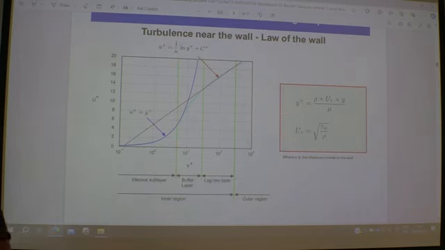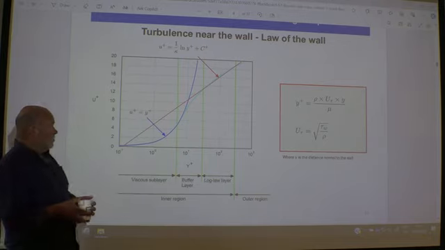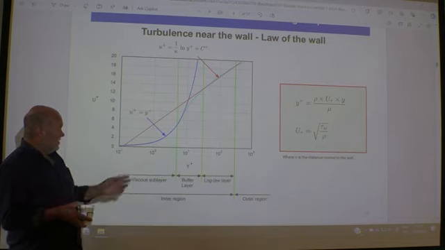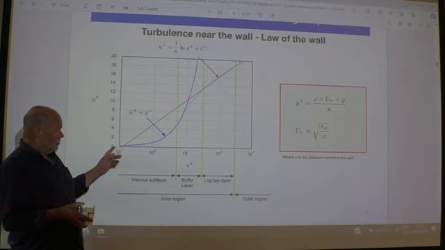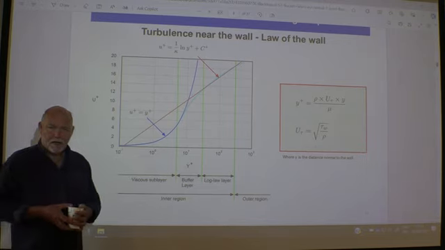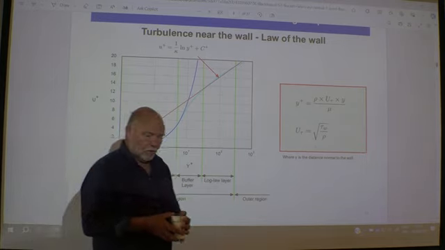But here, the law of the wall. This is something that is quite crucial for us. We have to sort of understand this one. The law of the wall consists of two parts. The innermost part, when you are very close to a wall, then we actually have a laminar velocity profile.